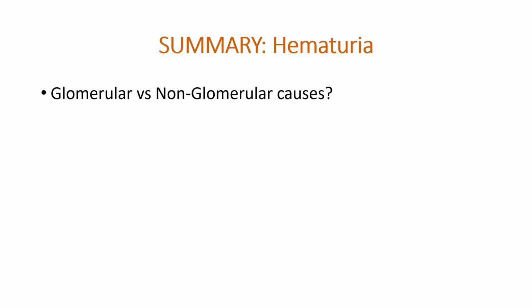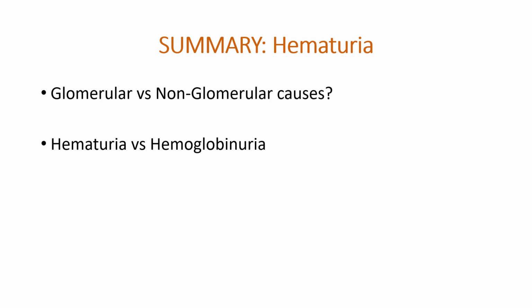So just to summarize hematuria again, we have glomerular and non-glomerular causes of hematuria. So there is also hematuria versus hemoglobinuria. We'll go through both of these again. How can you differentiate between glomerular and non-glomerular causes? In glomerular causes you see RBC casts or dysmorphic RBCs, whereas in non-glomerular causes you don't. Whereas hematuria versus hemoglobinuria, how will you separate them?